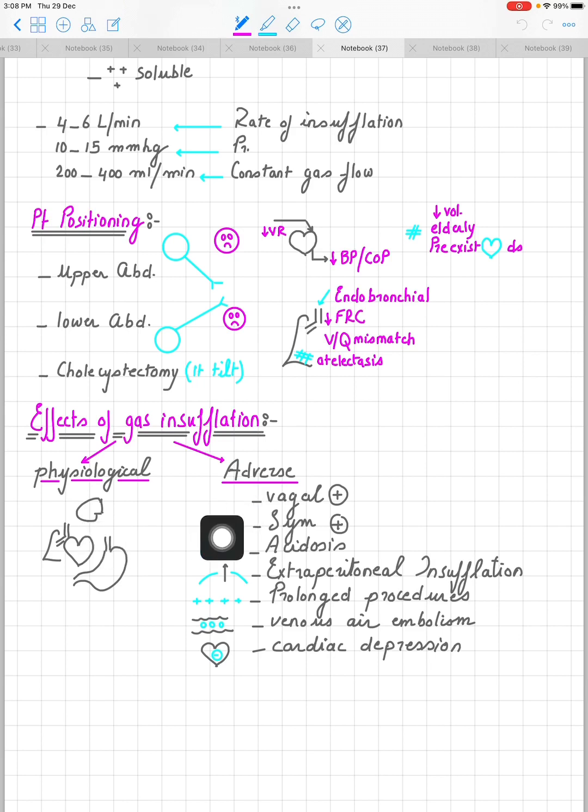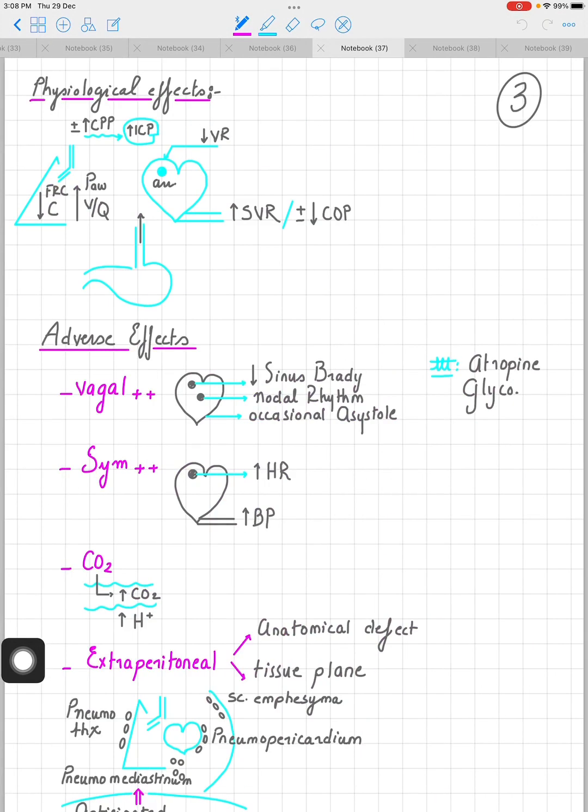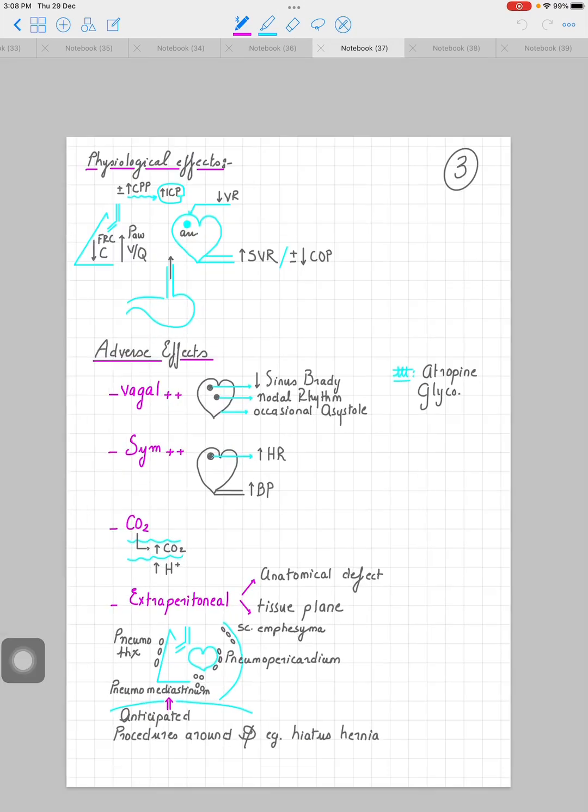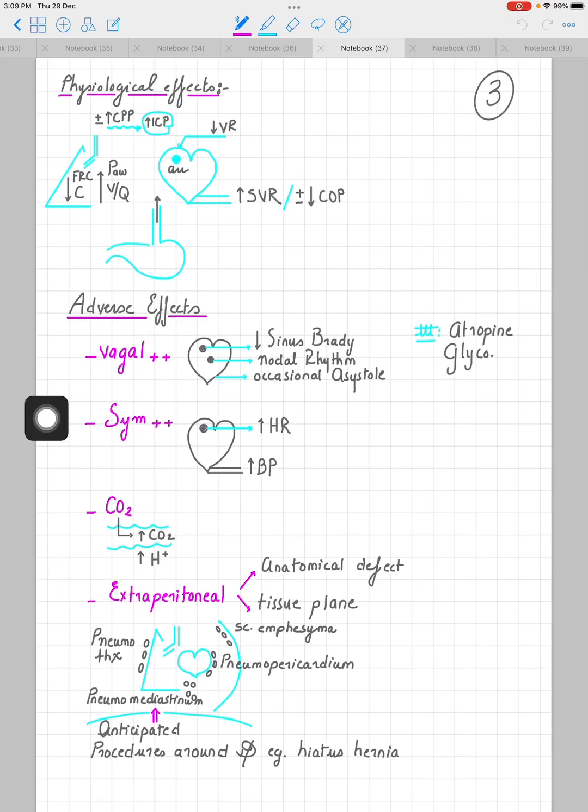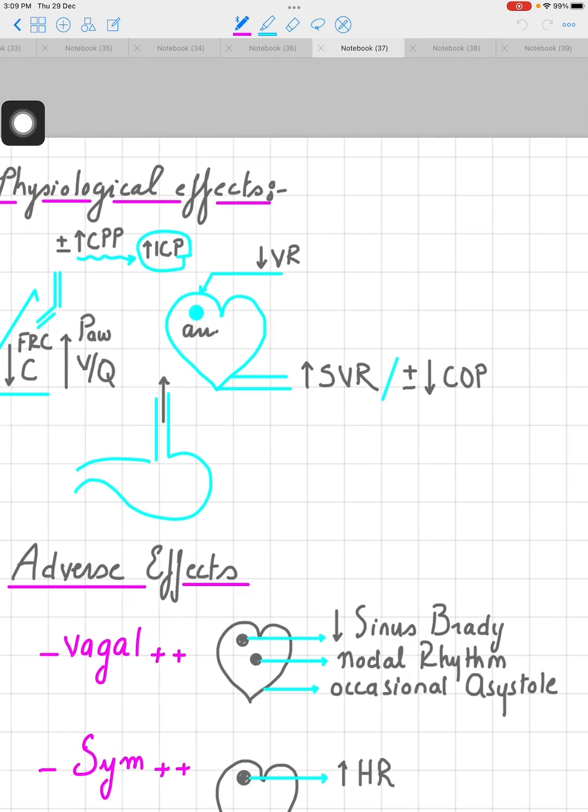Whereas the adverse effects are vagal stimulation, sympathetic stimulation, acidosis, extraperitoneal insufflation, prolonged procedures effect, venous air embolism, and cardiac depression. Now let's start discussing these.